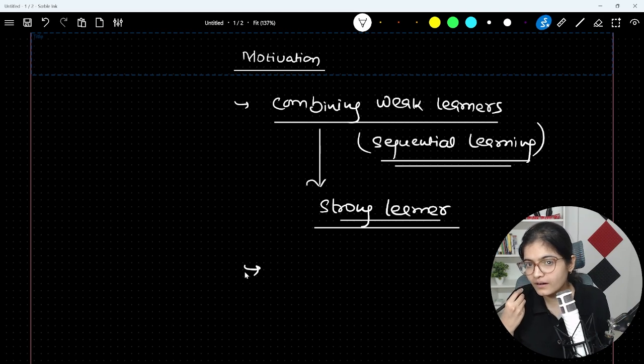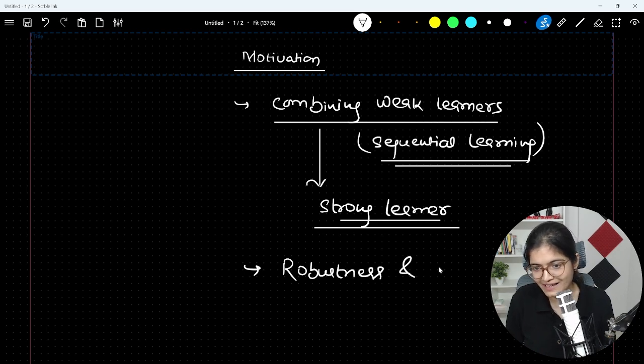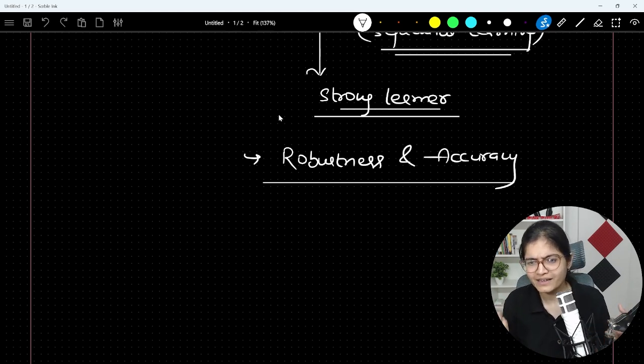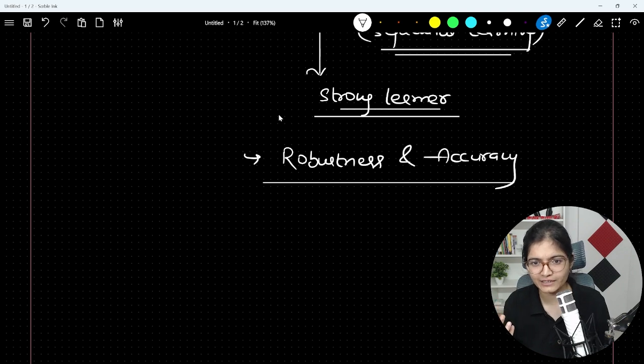Now, what is the motivation behind that? With this approach, it improves the robustness of the model as well as its accuracy. That's why you will observe that in almost all domains in machine learning, whether you're talking about the banking domain, healthcare domain, or fintech domain, these boosting algorithms are being used internally.